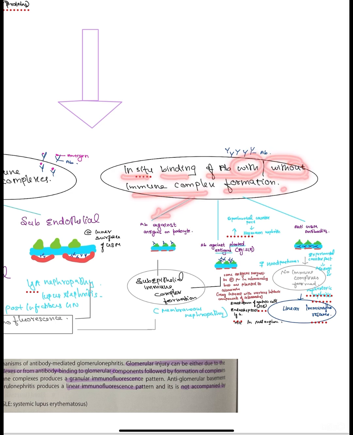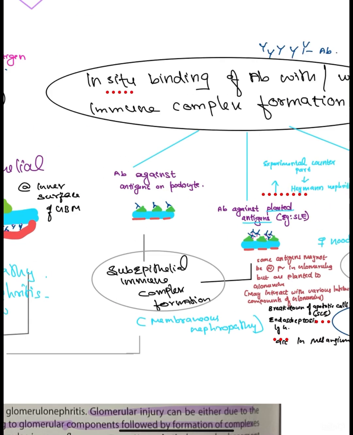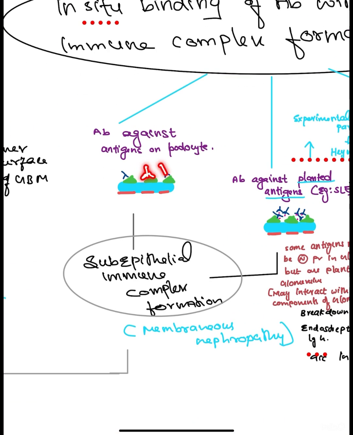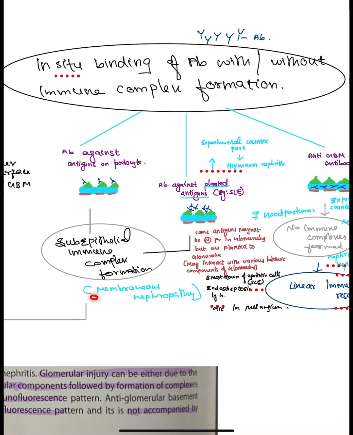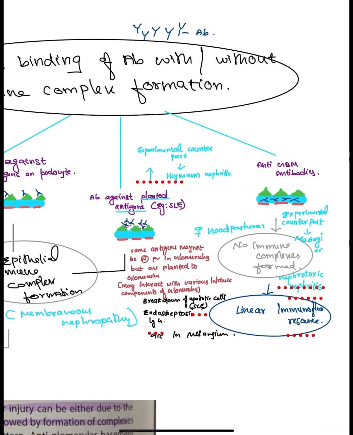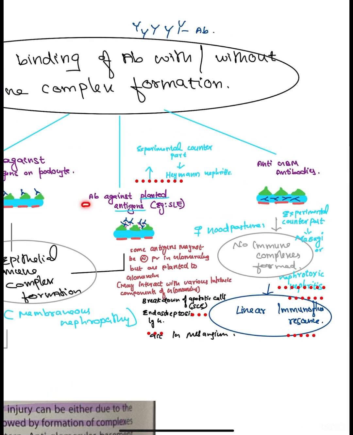The first one is antibody against antigens on the podocyte. Antibodies are generated against antigens on the podocyte, so subepithelial immune complex deposition occurs here and contributes to granular immunofluorescence. Example is membranous nephropathy.